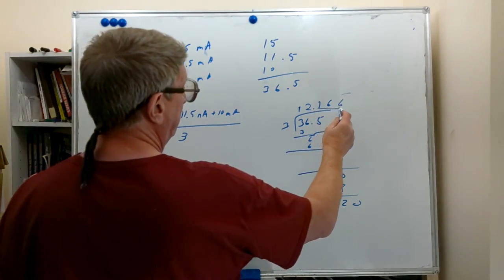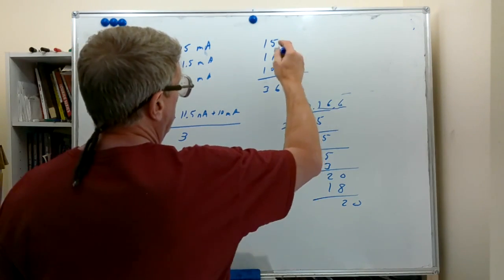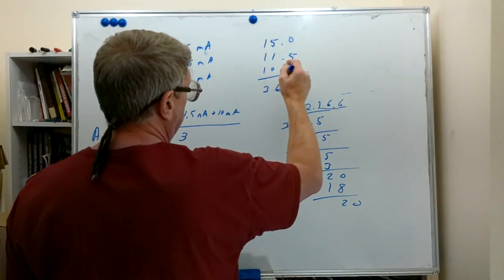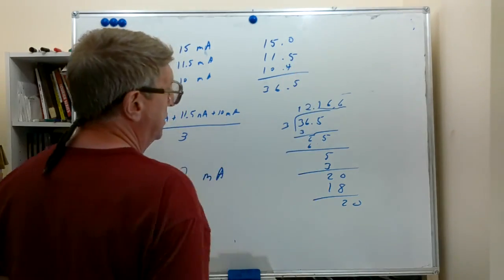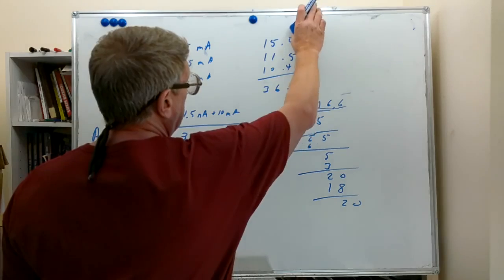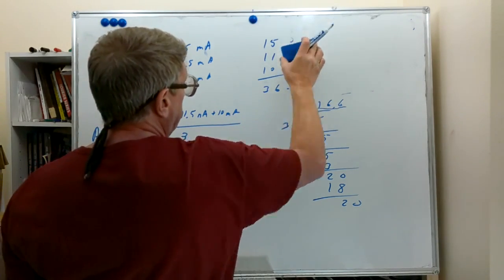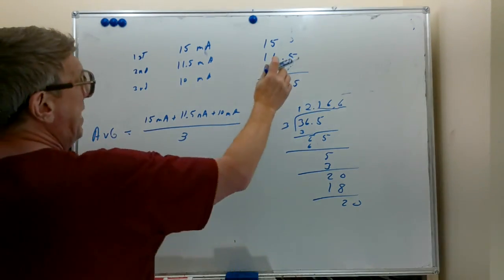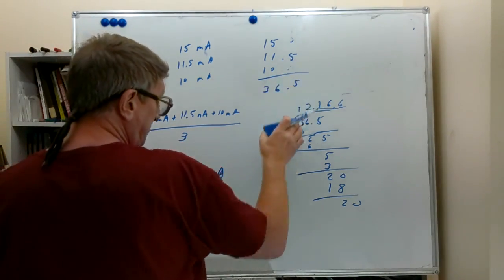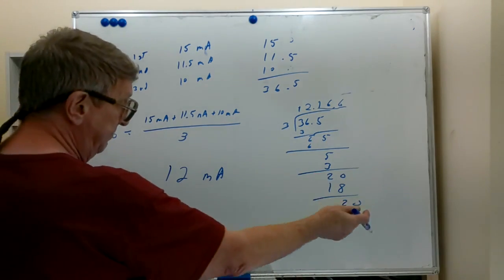If we kept more digits, that would be implying we knew it was here and knew it was here. And this could be 15.0, this could be 10.4, and many other choices. This number could be anything 0 through 4. So we don't know enough about that tenths place, the place to the right of the decimal point, to make any claims about it in our answer.